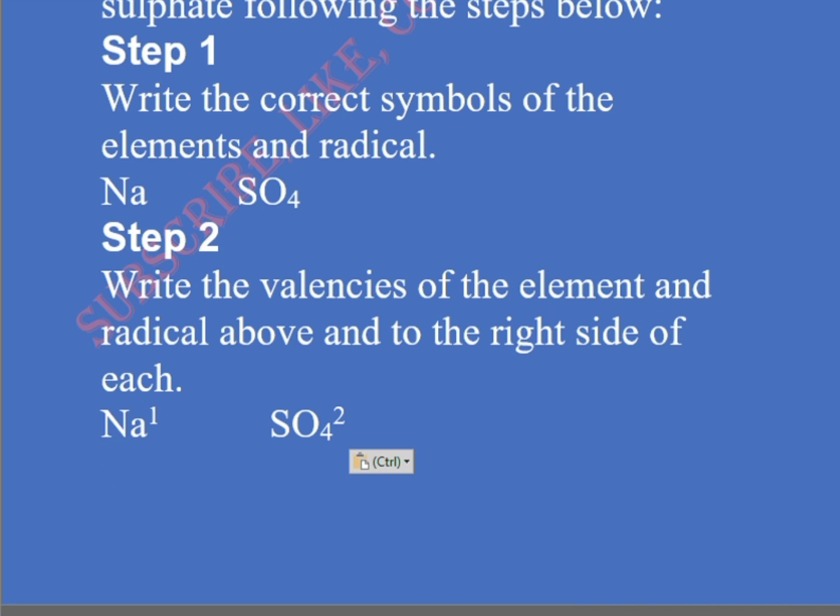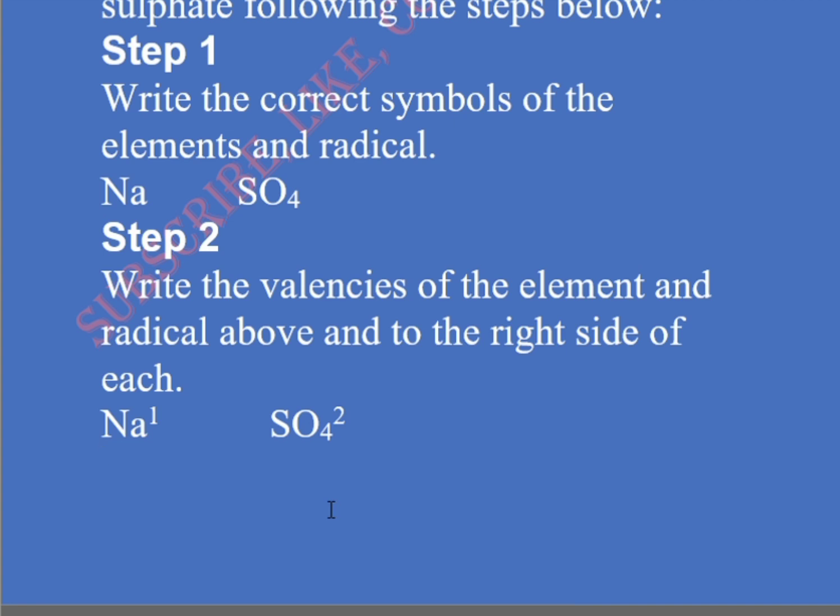Here you have sodium, and our superscript is 1, meaning that the valency of sodium is 1. The valency of sulfate, as we discussed earlier, is 2. Now we have the valency of the element and the radical above on the right side.